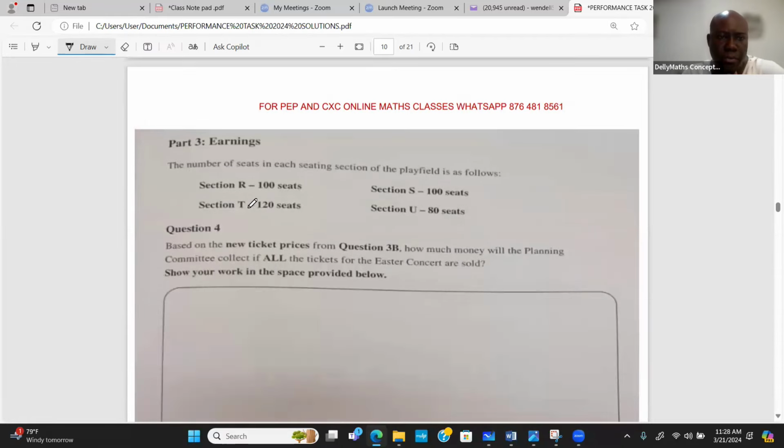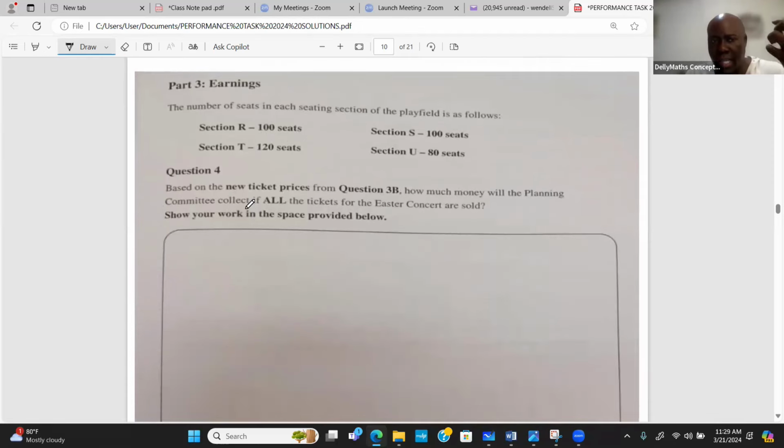Now, part three, right? Earnings. It says the number of seats in each seating section of the playfield is as follows. So in section R, remember we are saying that R is at the side, S is at the side, T is at the back, and U is like the VIP right at the front. All right.